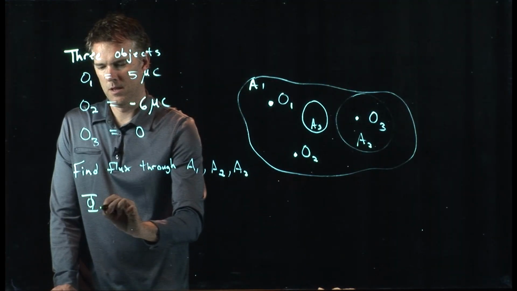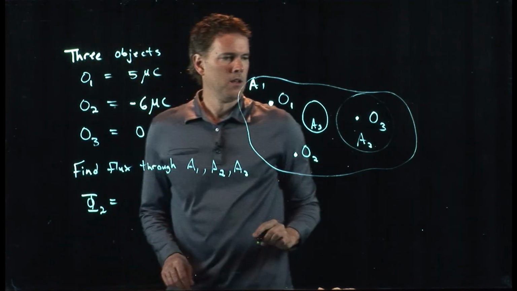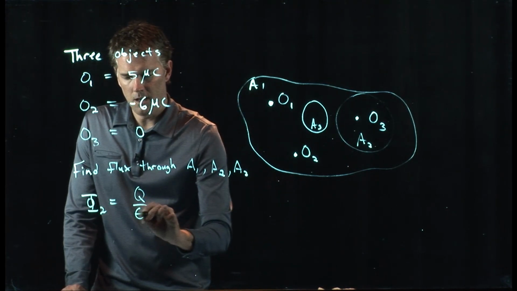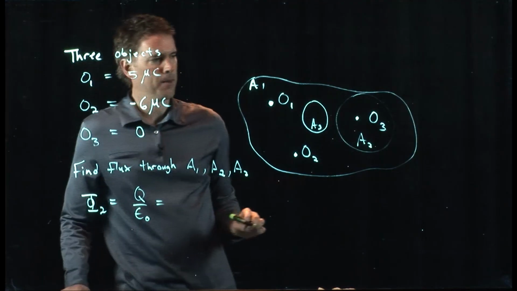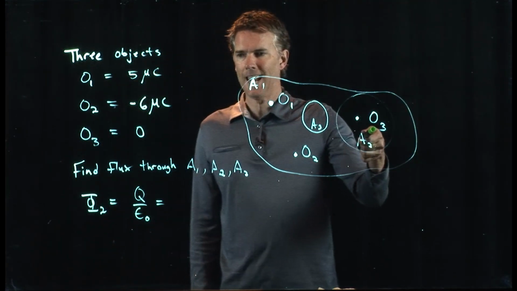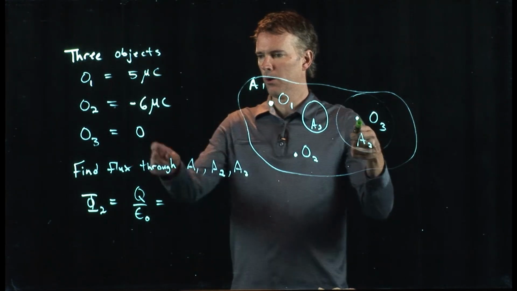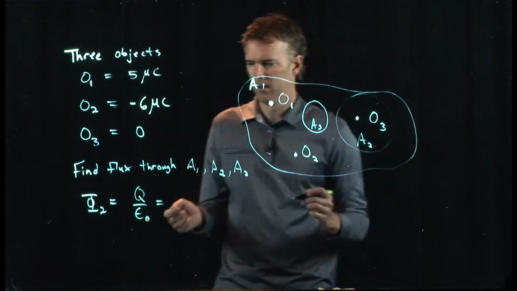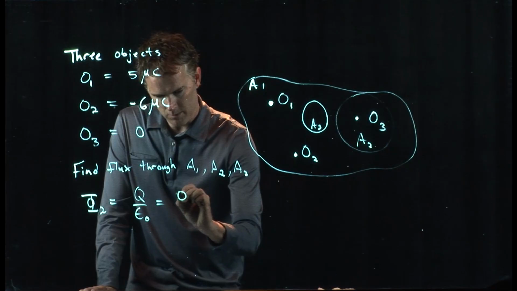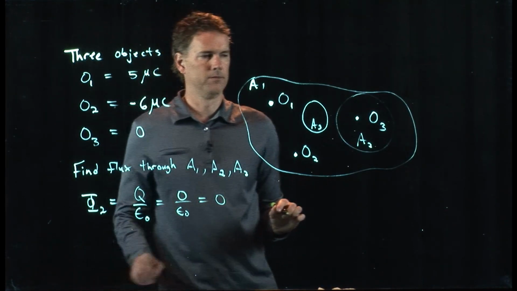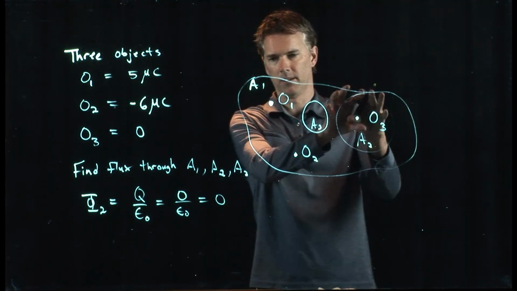Phi 2 is going to be the Q enclosed in its shell divided by epsilon naught. How much Q is enclosed in A2? It's only O3, but O3 has 0 charge on it. So this is 0 over epsilon naught, and so that is 0. There's no flux coming out of this one.